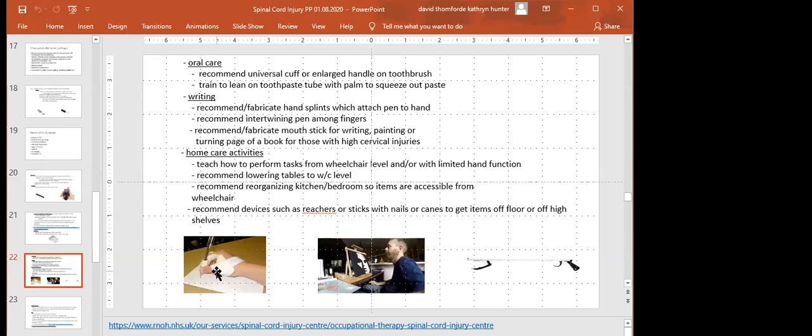So that creates a mouthpiece that you then glue onto the piece of wood. And that person can use the mouse stick. They can use it for writing. You've probably seen people painting with a mouse stick, even turning pages. The picture here on the right-hand side is of a person turning pages using a mouse stick; they need a stand to hold their book on.